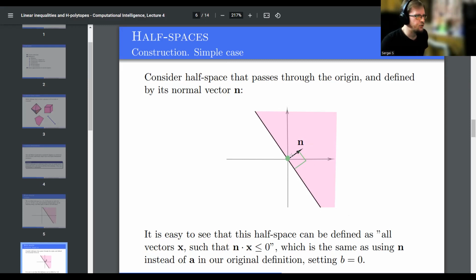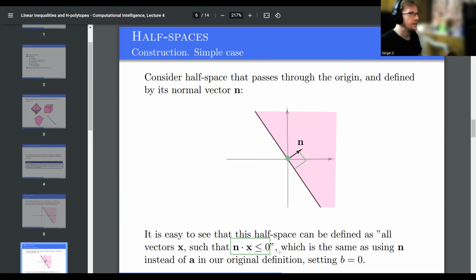So we know it passes through the origin and it has a normal vector. How do we find all points which lie on this side? How do we find them? Well, we can say that it is all vectors x such that n times x is less than or equal to 0.